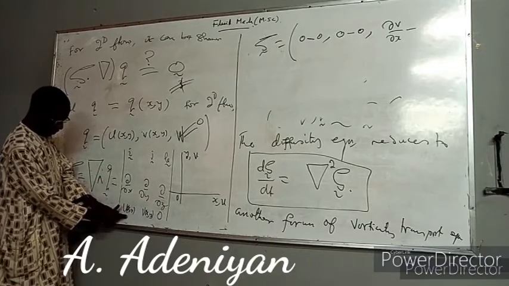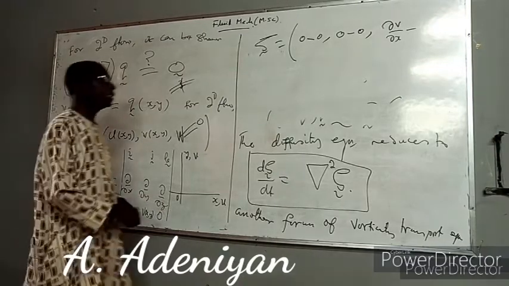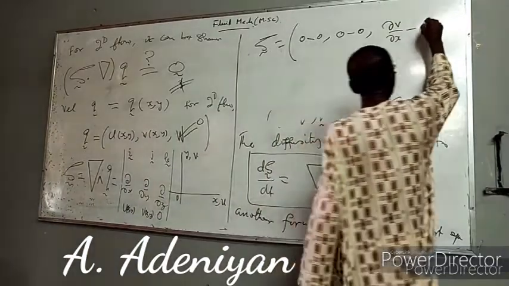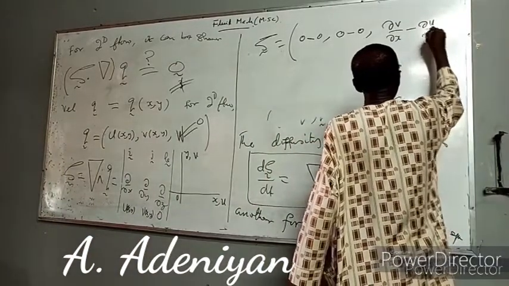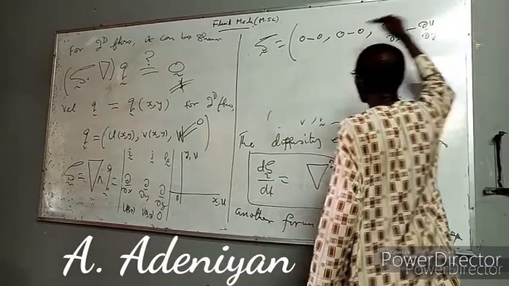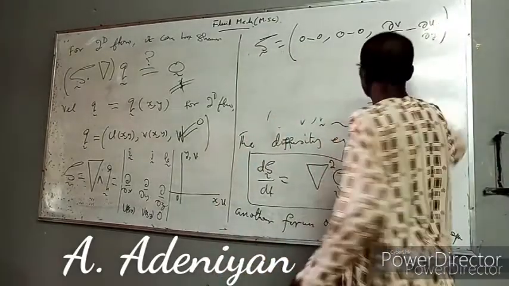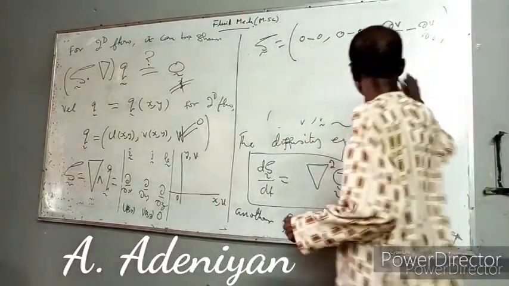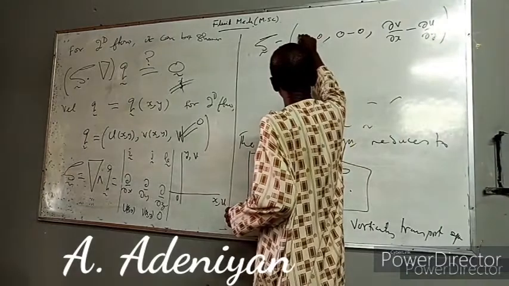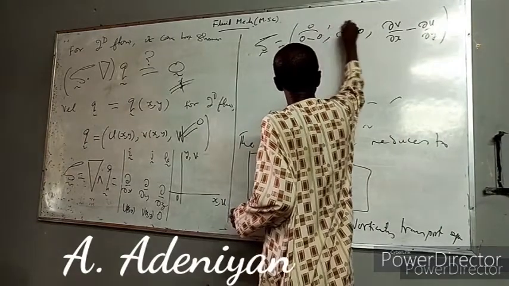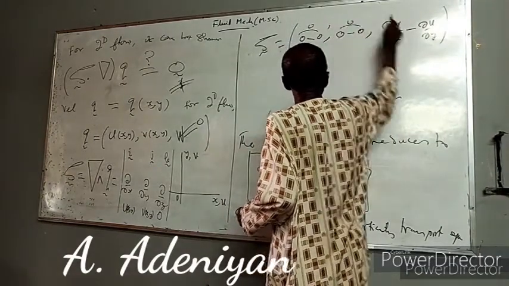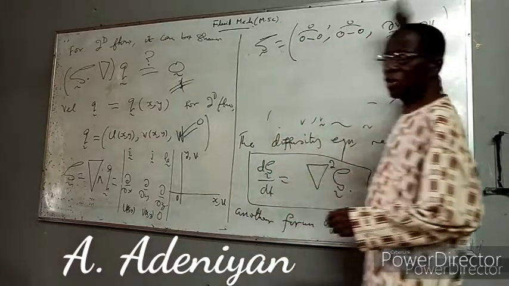There is X here as well, there is Y here. So that means there exists also ∂U/∂y. Okay? This is the result. So this simplifies obviously, and don't let me waste time. It's just 0, 0. So it has only the component of this along K.